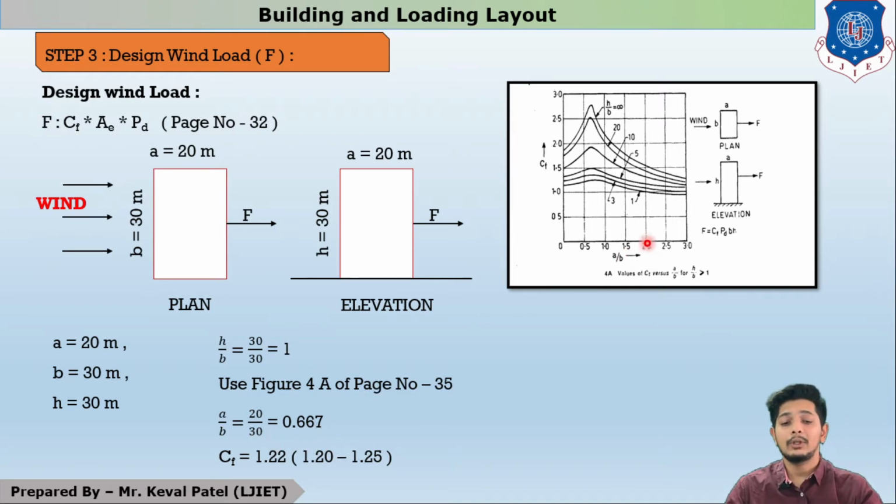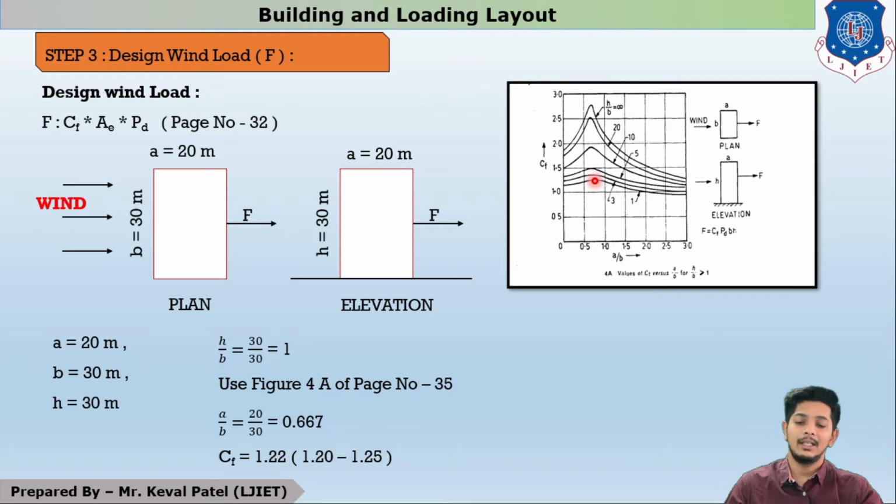Now I will put the A by B value here. I will see A by B, that is 0.667, so the line will be somewhere here, and H by B is given as 1. So H by B 1 means it is the first line. So I will take the value from the graph, and the value will be between 1.20 and 1.25.